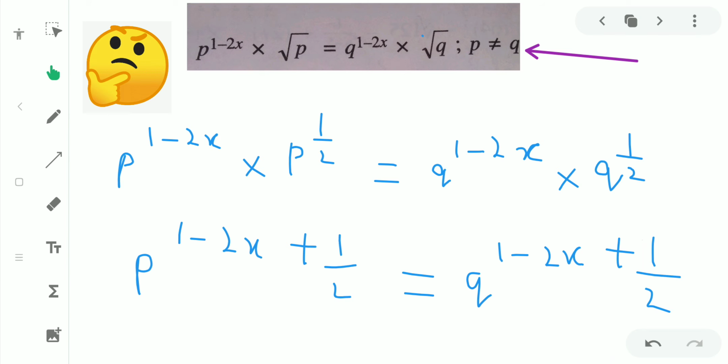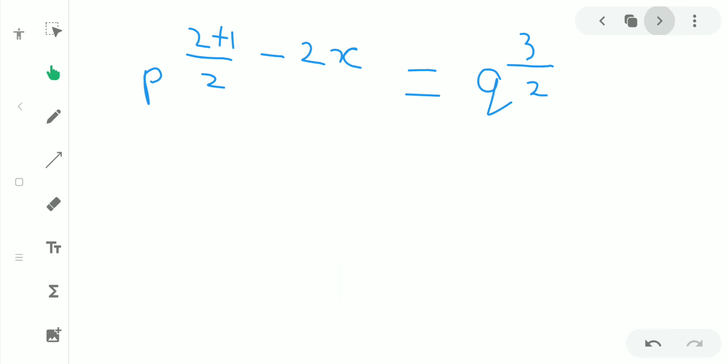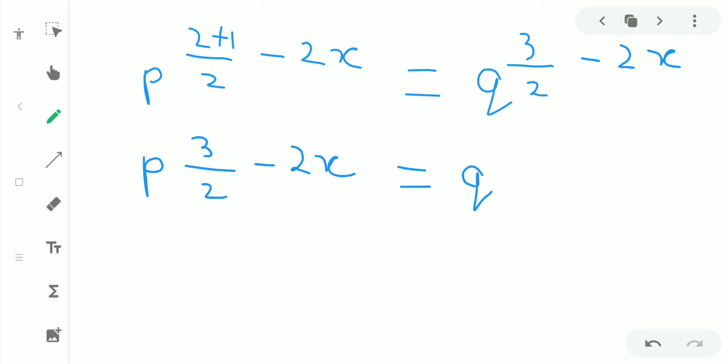minus 2x. So you will have p power 3 by 2 minus 2x, which is equal to q power 3 by 2 minus 2x.